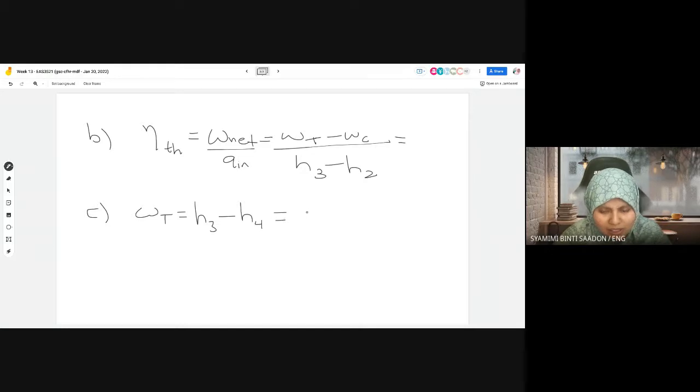Or we can use CP times T3 minus T4, because we have assumed it is an ideal gas. CP is 1.005, T3 is 1300 Kelvin, and this is T4.